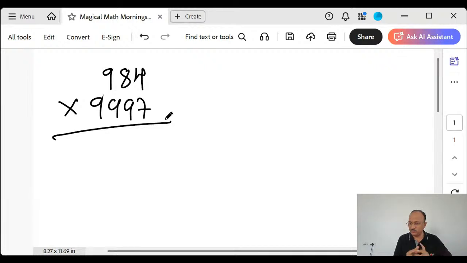I had given two numbers both below the base. Initially, you can practice with writing the base number, but gradually, without writing also, you will be able to do. Only write the deviation and you can proceed also. Here the deviation is minus 16, that you should be careful.